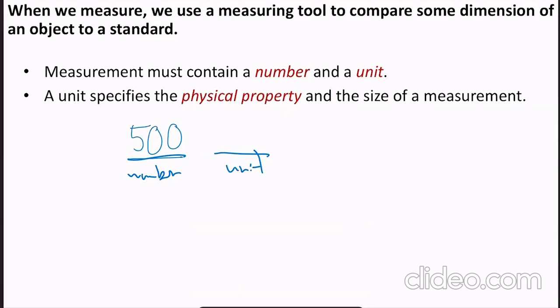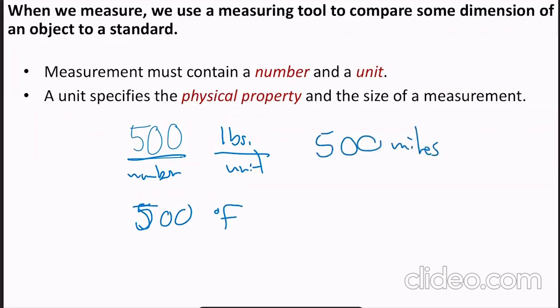But if I were to put 500 pounds, well, now that means something, right? Whatever I measured was probably pretty heavy. If I put 500 degrees Fahrenheit, now that means something because that's very hot. If I put 500 miles, whatever I measured was probably pretty far.